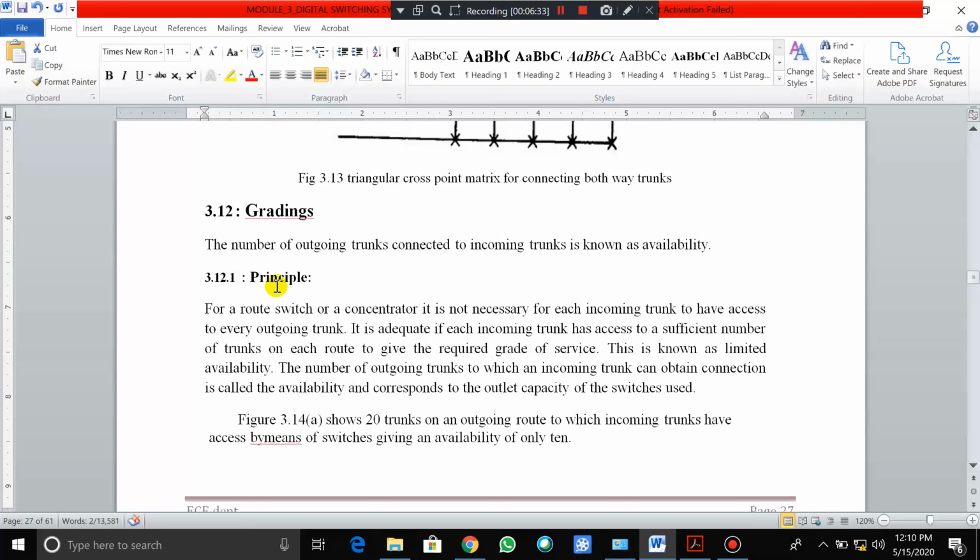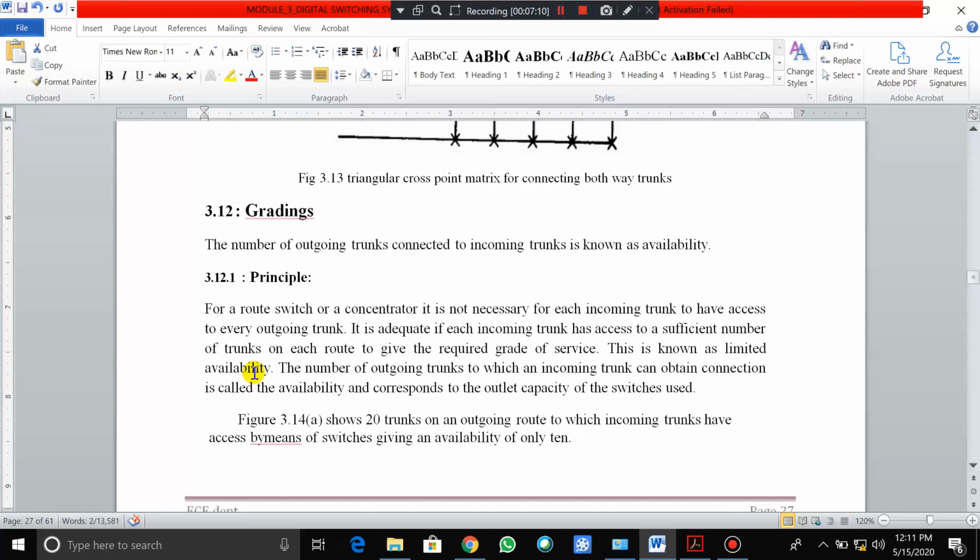The principle of grading is that for a route switch or a concentrator, it is not necessary for each incoming trunk to have access to every outgoing trunk. It is adequate if each incoming trunk has access to a sufficient number of trunks on each route to give the required grade of service. This is known as limited availability.